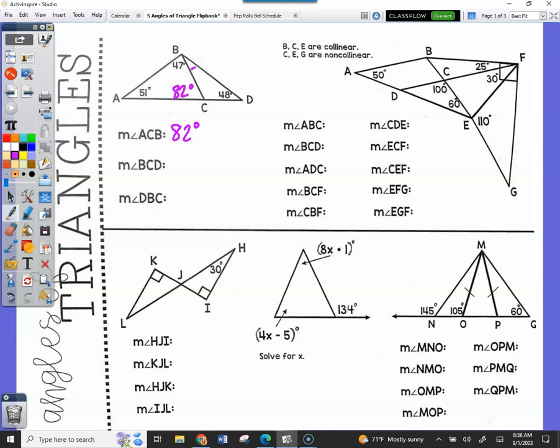Obviously, I'll have to find this angle and this angle. And since I wrote 82 right here, that's my clue that I can find this angle BCD right there, because it has to add to 180 with the 82, right? So it becomes like a puzzle, which ends up being 98. So this is 98.